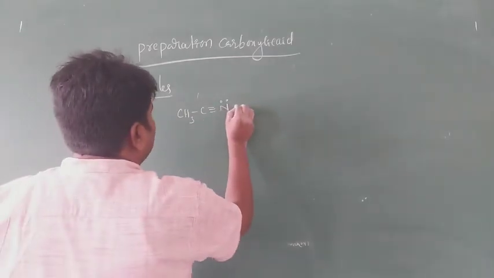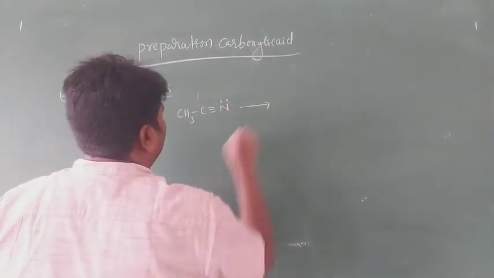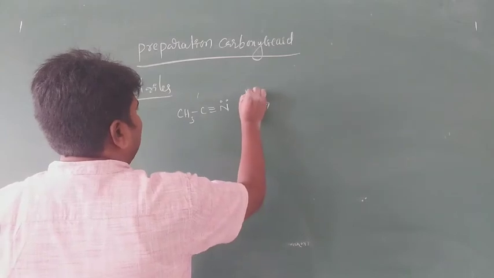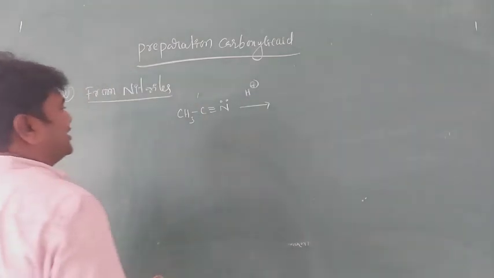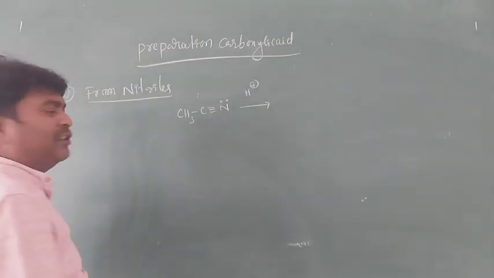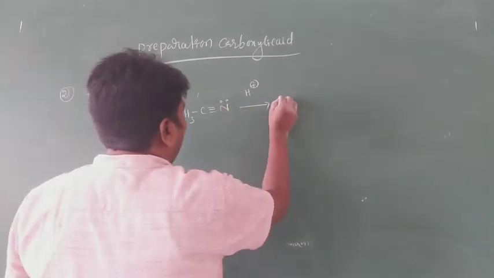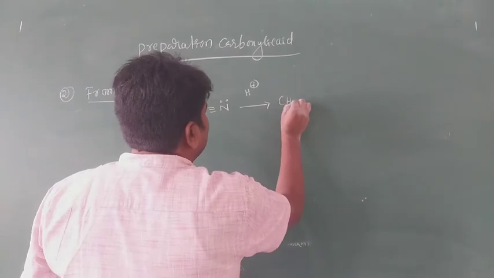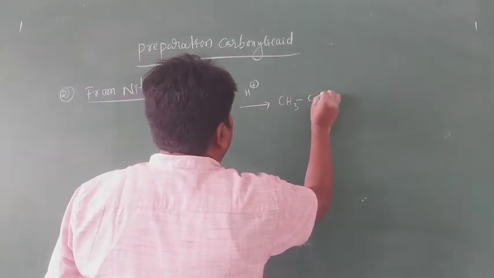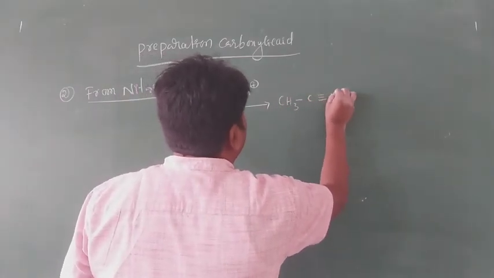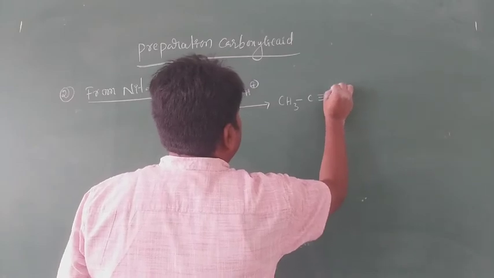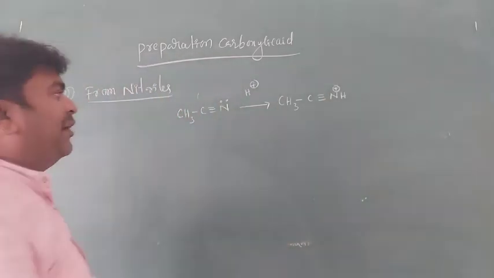In presence of H plus, this lone pair is involved in the bond formation between nitrogen and hydrogen. You will get CH3 C triple bond N H plus. Very important, my dear students.